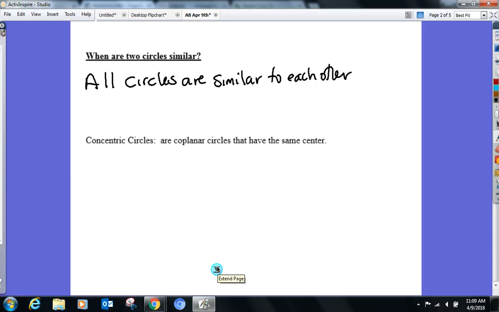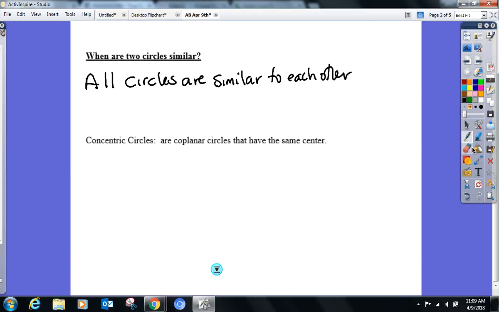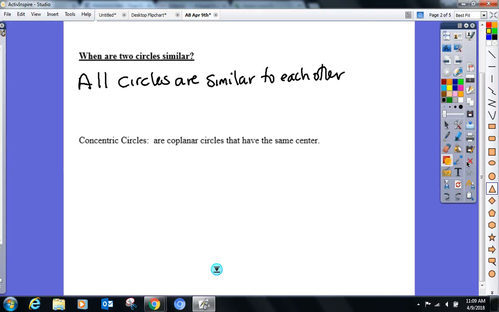Any real life examples here? Circles that have the same center? The O's. Yeah, the O and O's, yep. Donuts. No. Okay.